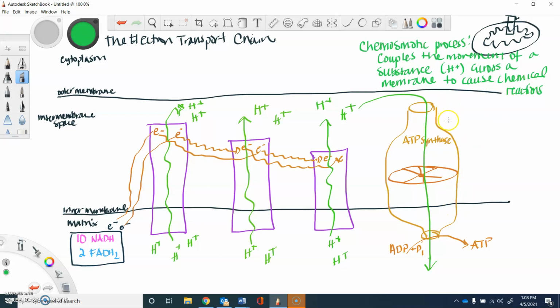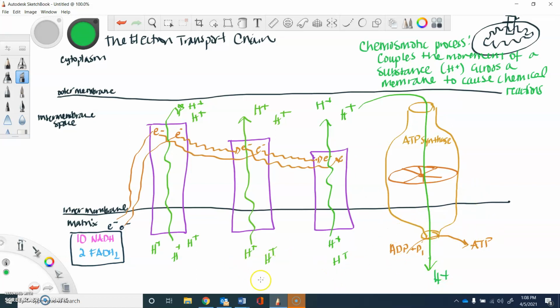Here, we're using hydrogen that's coming through this ATP synthase, and that's causing the reaction of ADP and inorganic phosphate to make ATP. And every single time a hydrogen comes down here, we get an ATP.